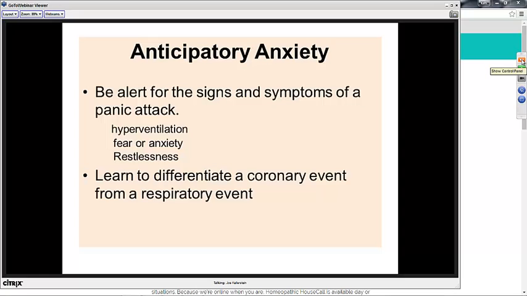Well, I was kind of wondering if there were any little tips. I have this image of I happened upon somebody, and that somebody looks like they're panicking, and I can't get history, and they're having respiratory distress. Do I assume it's anxiety?